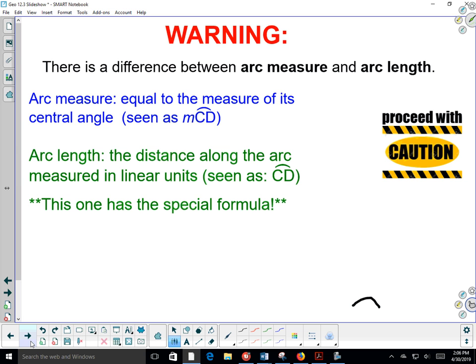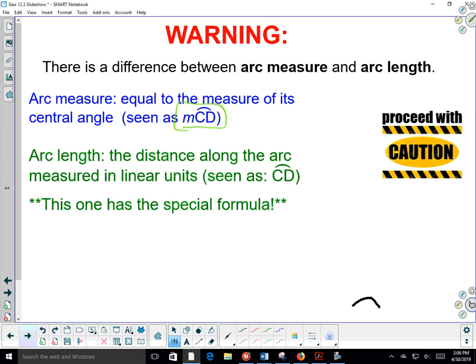Warning. There is a difference, as I mentioned, between arc measure and arc length. Arc measure is equal to the measure of a central angle, and we write that as measure of, for example, measure of arc CD. All right. Arc length is the distance along an arc, and it's measured in linear units.